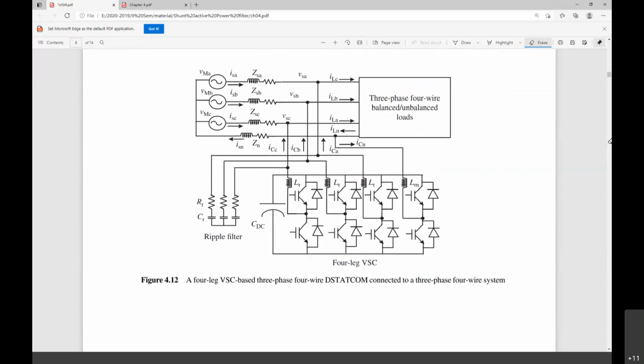Here we have a 3-phase, 4-wire system. We have one leg connected at this particular point to the neutral. This is the common circuit, and the entire common part is of a discharge. If there is a neutral current which is going to flow this way, we are providing this leg.